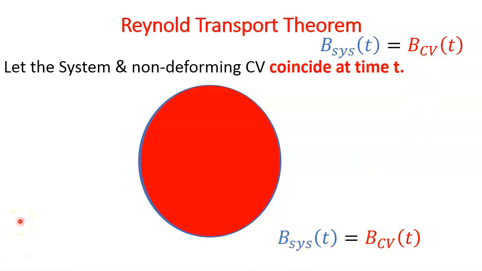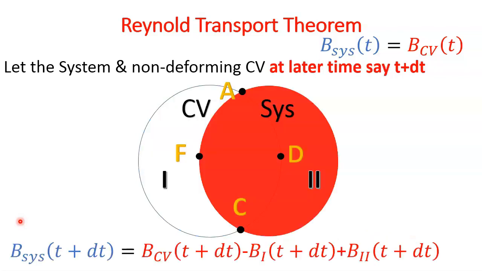Let us now consider that as time advances, the system, that is control mass, is moving in the right direction as compared to the control volume, which is a fixed region of space, and we have imposed that it is non-deforming. So at a later point of time, the picture is something like that appearing on the screen.